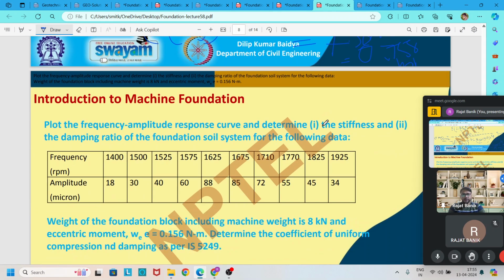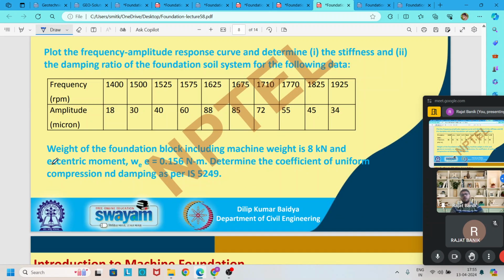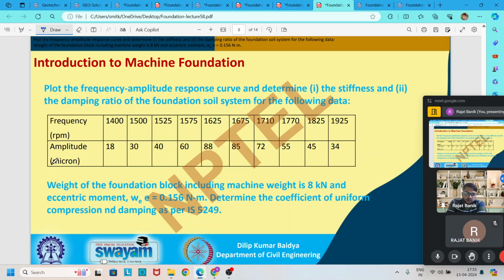Now moving to the next question. For this we need a graph sheet to plot the data and find the value. It says to plot the frequency versus amplitude response curve.